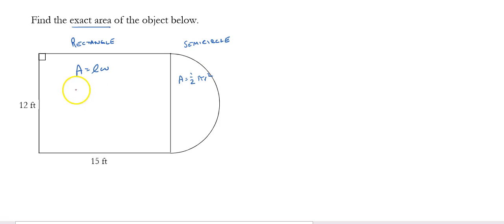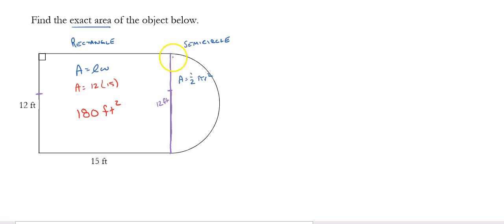Well, area of the rectangle is the easy part. Okay. This is going to be 12 times 15. So that's going to be 180 square feet. The area of the semicircle is a little bit trickier because I got to figure out the radius. But we know in a rectangle, opposite sides are congruent. So this is 12 feet here.